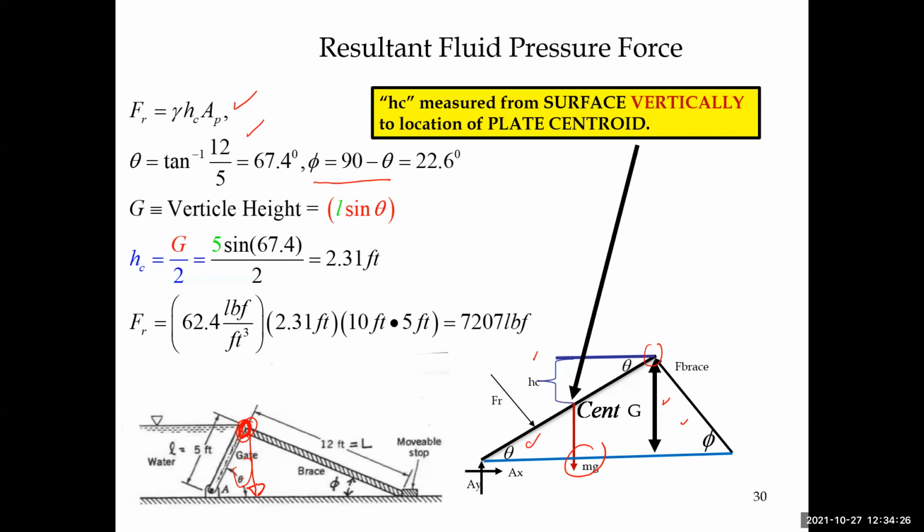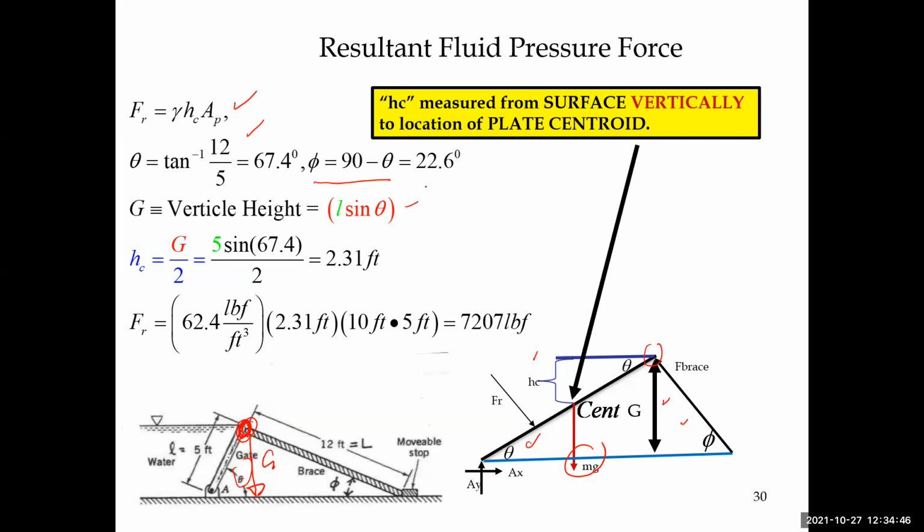So g is equal to L times the sine of theta from trig, right? Because the sine of the angle theta is equal to g over L. So g is L times the sine of theta.